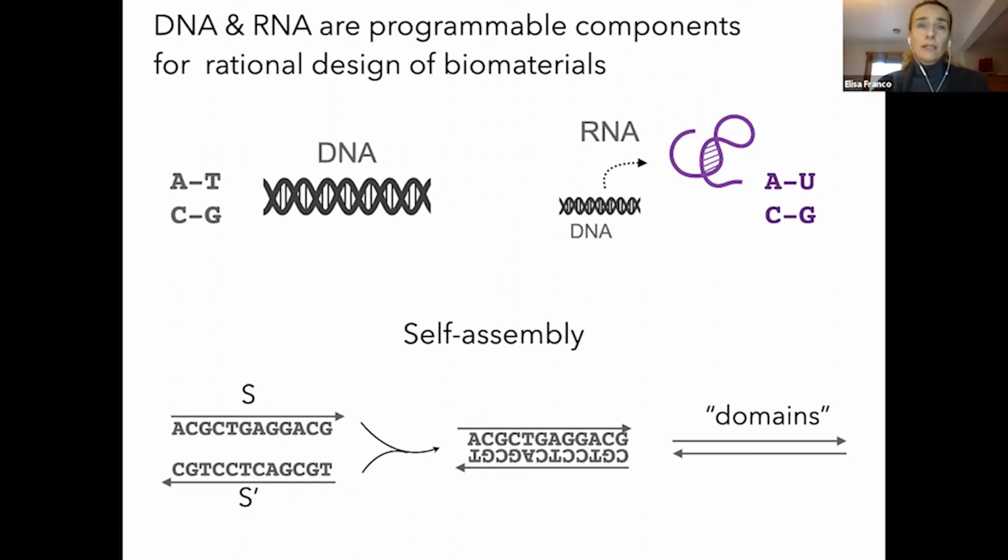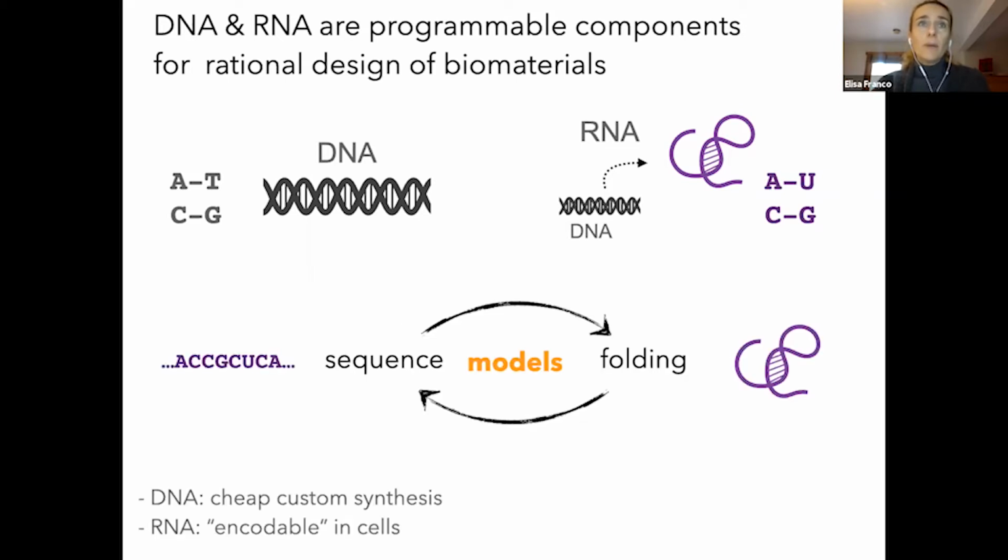And so finally, of course, we have good methods to do this kind of mapping. From sequence to folding, we can go both ways. We can start from a sequence that is given to us and predict how it will fold, either alone or with other oligos, and we can go the other way around. Once you have a target folded structure, there are ways to optimize, to figure out what's the optimal sequence to give you that particular folding.